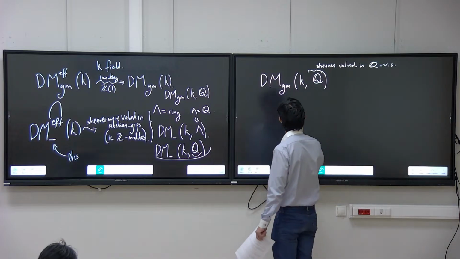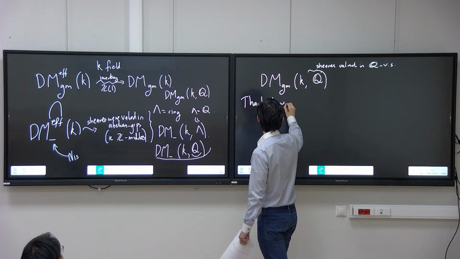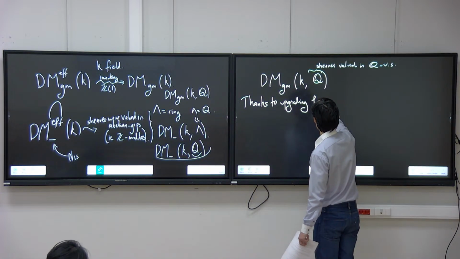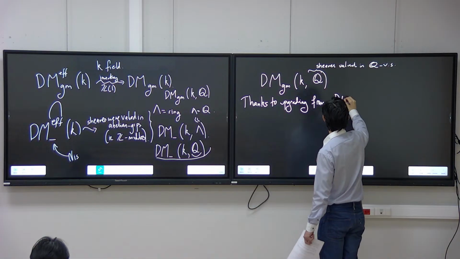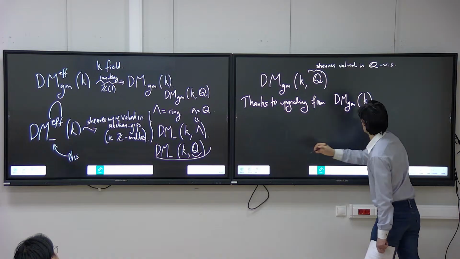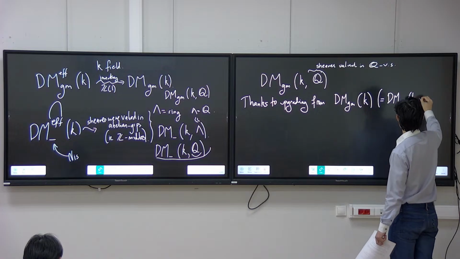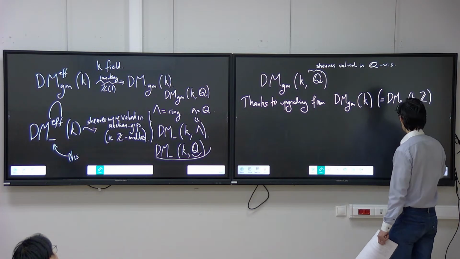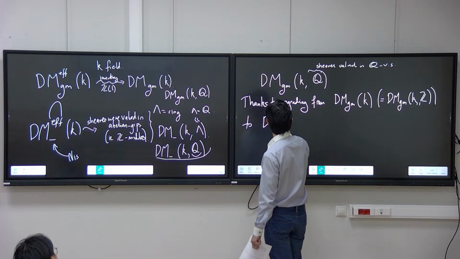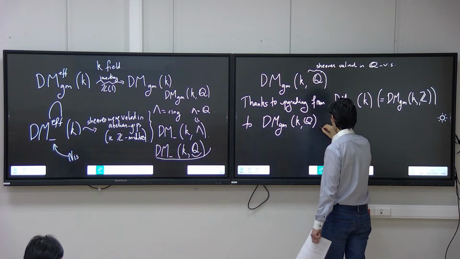And basically, thanks to upgrading from DM_gm of K, which in our notation here would be DM_gm of K with Z coefficients, in abelian groups, to DM_gm of K with Q coefficients, we get realization functors.